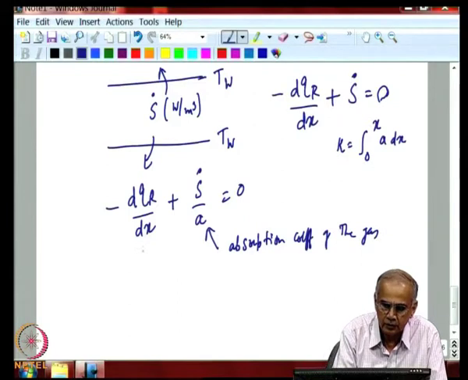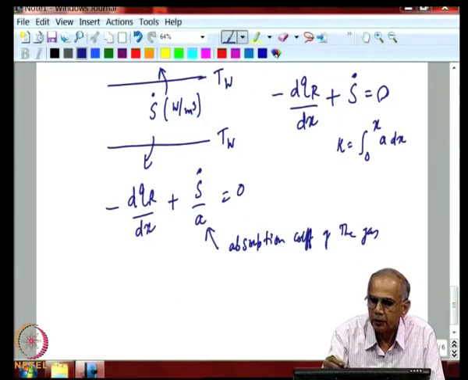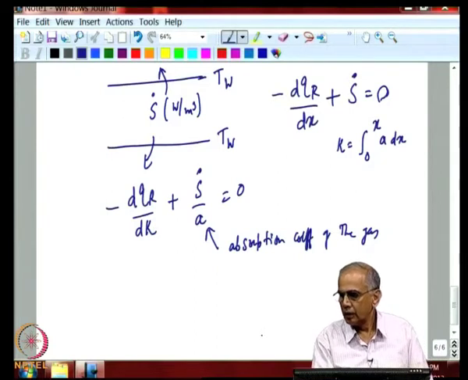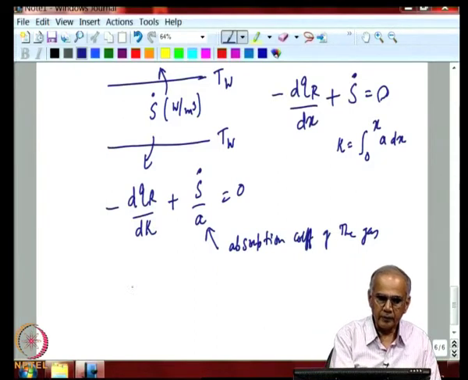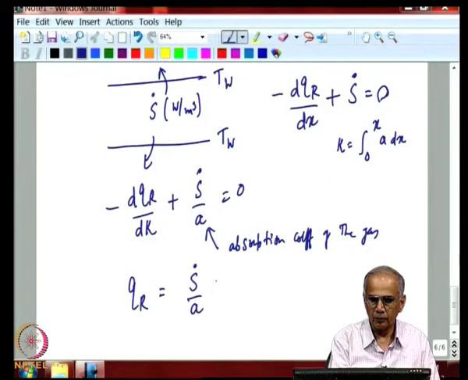And as you recall, this becomes kappa, not x, sorry. Now, this you can integrate immediately to get qr is equal to S dot by a into kappa plus a constant.